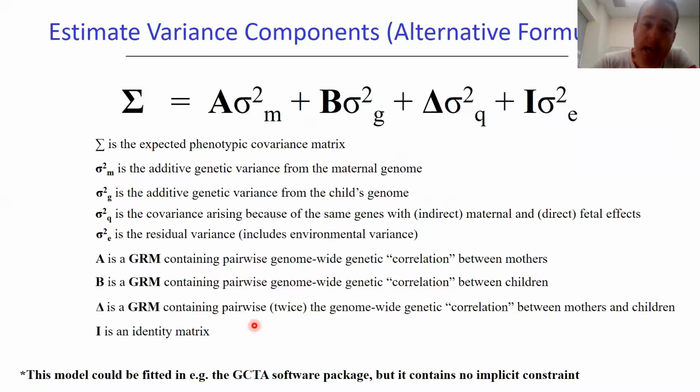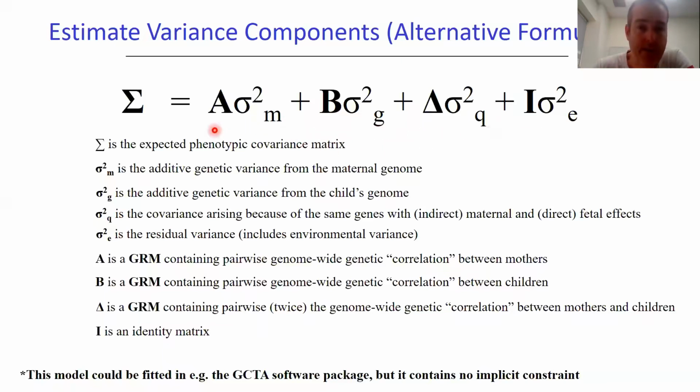There is another way to formulate this model, and this is the way that you could do it in the GCTA software package. Rather than having that implicit constraint that we talked about in the previous slides, this is the formulation under the GCTA model.